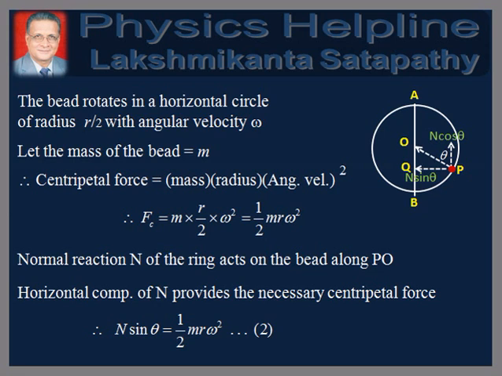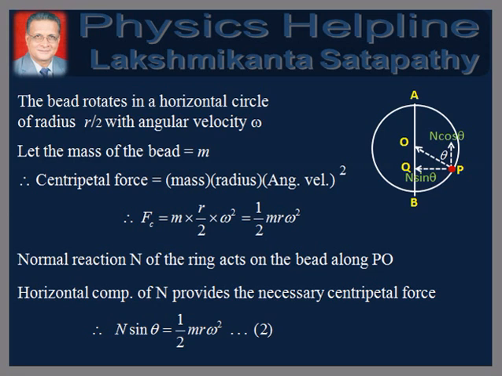Let the mass of the bead be m. Therefore, centripetal force acting on it is given by mass into radius into angular velocity square. Therefore, we have Fc is equal to m into r by 2 into omega square, which is equal to half m r omega square.